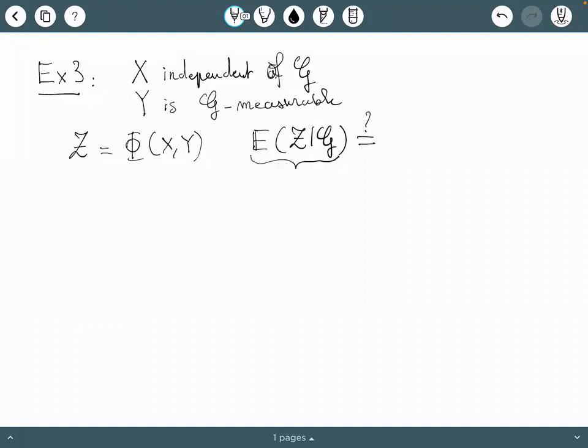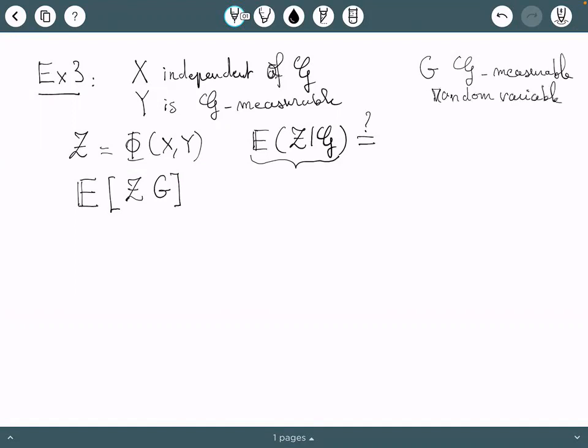This is a random variable which is G measurable, and it is the unique random variable which is G measurable such that when you compute the expectation of Z times G, where G is any G measurable random variable, that we can take bounded, for example, we will assume that it is bounded.